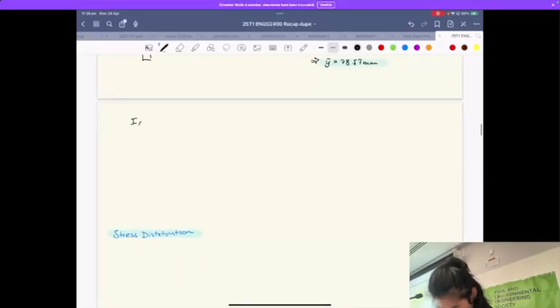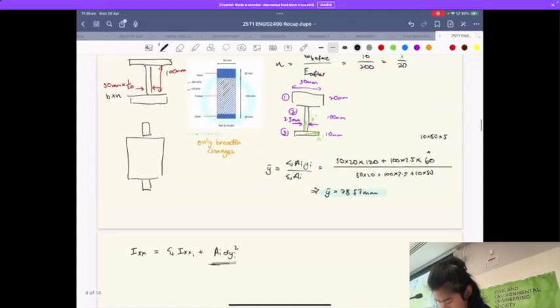Ixx is equal to the sum of Ixx_i plus A_i d_yi squared. That's the parallel axis theorem. We can also say that x hat is equal to 0.